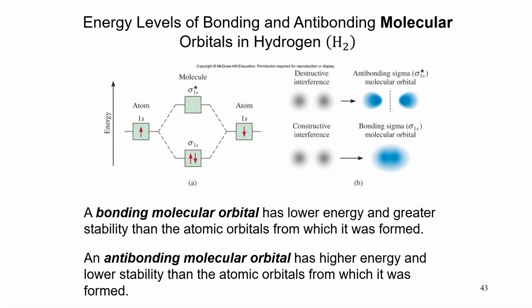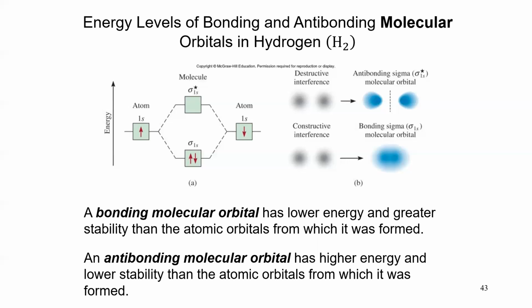When we look at molecular orbital theory, what we're essentially doing is we're saying we're going to take an atomic orbital on one atom and an atomic orbital on another atom and combine those two together to form molecular orbitals. It's very similar in theory to hybridization, except in hybridization, we took atomic orbitals on the same atom and combined them together. Here we're taking atomic orbitals on different atoms in the same molecule and combining them together.